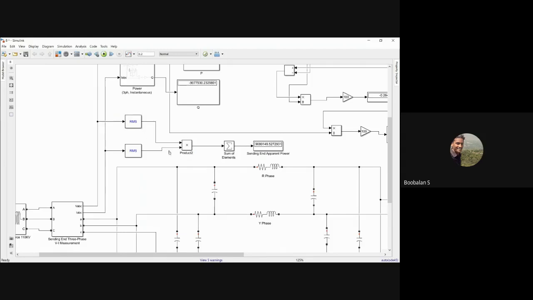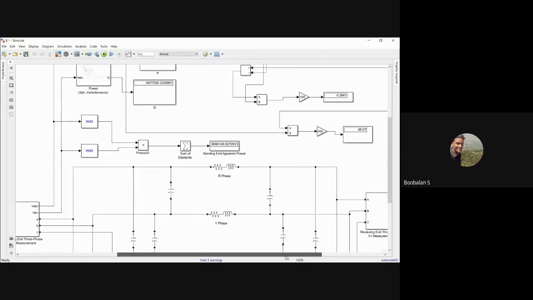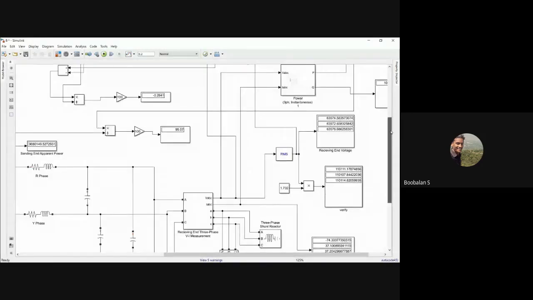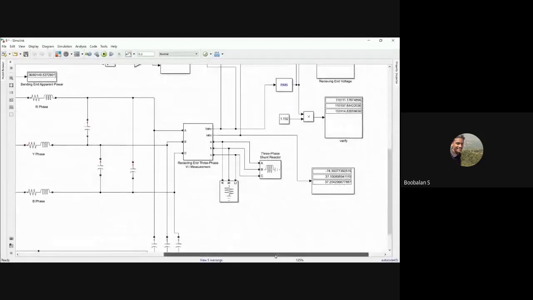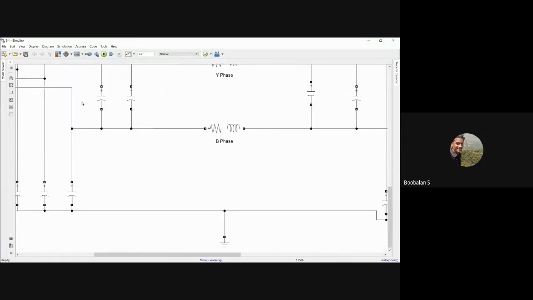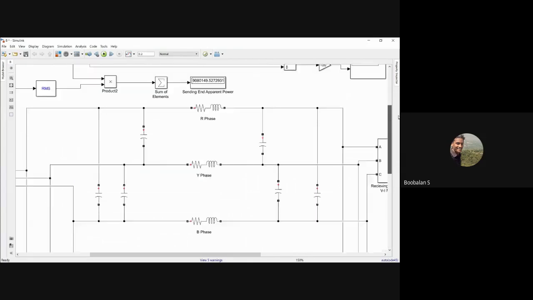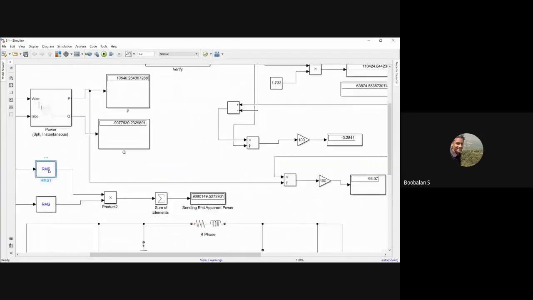The same we need to use in my receiving end. We need to use the same block in my receiving end. We need to calculate receiving end power, right? So just use the same block, just copy. Anyway, I'm just using Control Z, right? One second, just copy.